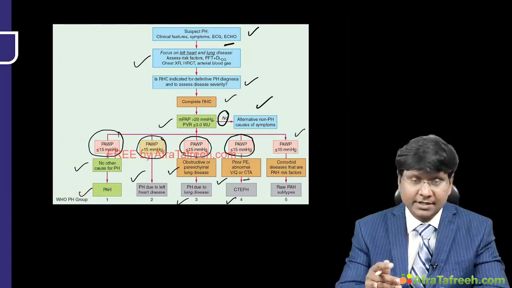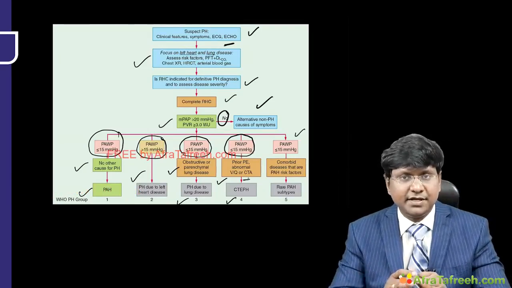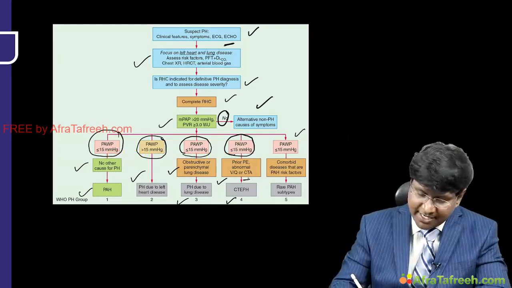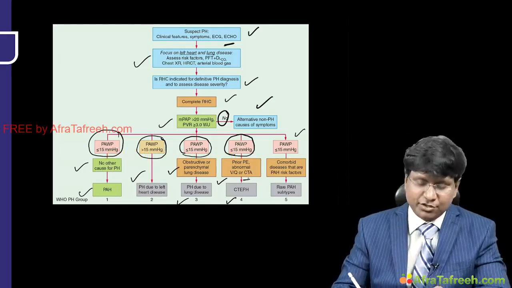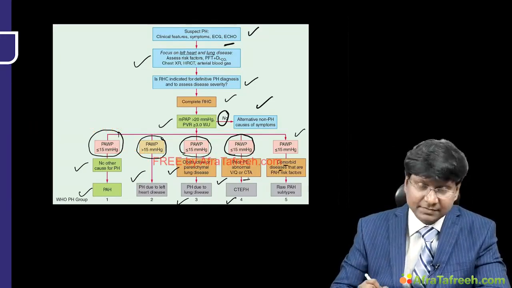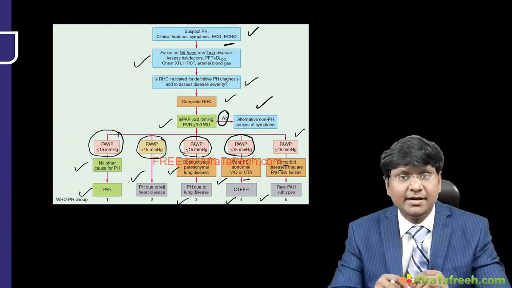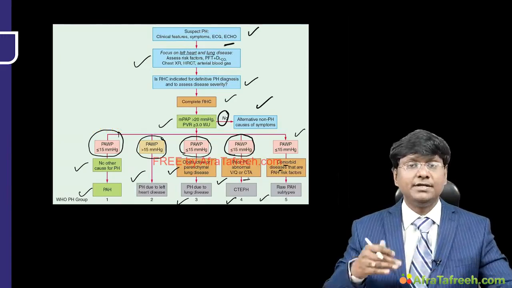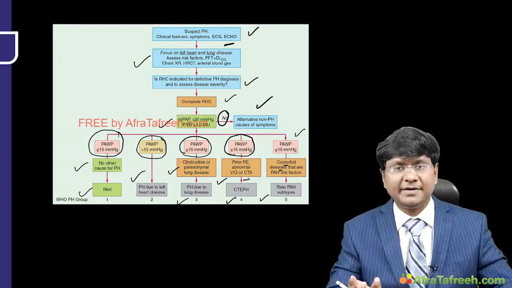The next one is, if the same hemodynamics are present with comorbid diseases, then you need to suspect rare PAH subtypes. So this is about the workup of making out the etiology of pulmonary hypertension.